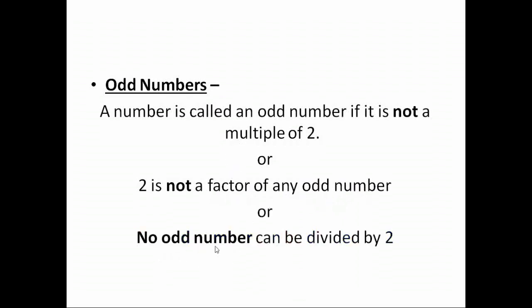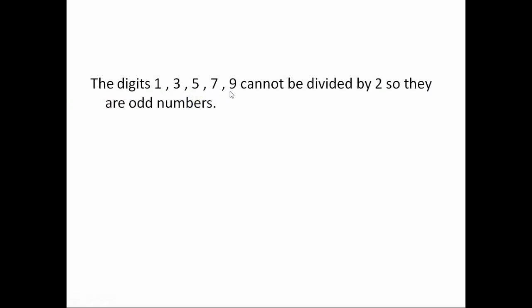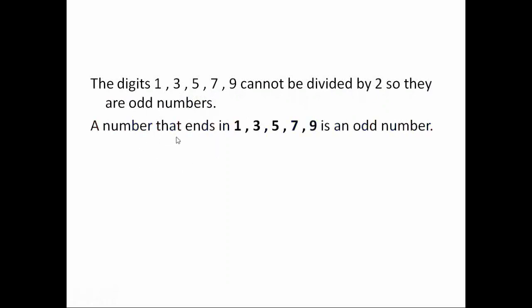Or we can say no odd number can be divided by 2. So it's just the opposite of even number. So the digits 1, 3, 5, 7, 9 cannot be divided by 2. So they are odd numbers. So we can say a number that ends in 1, 3, 5, 7, 9 is an odd number.